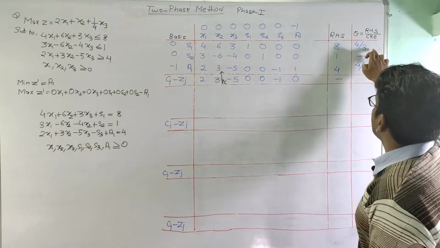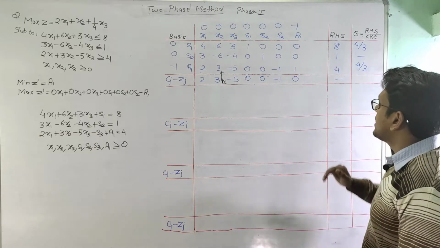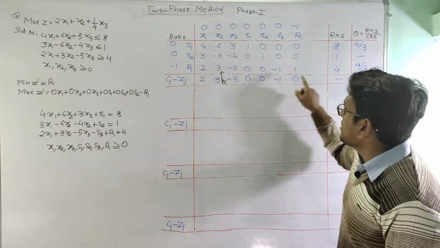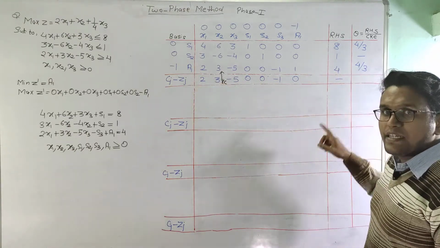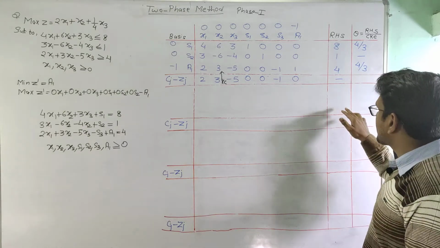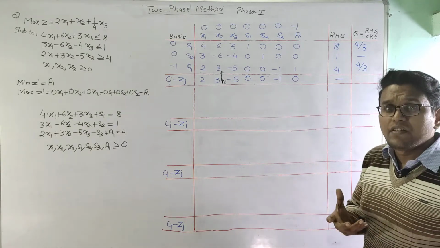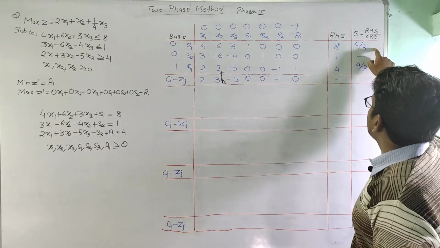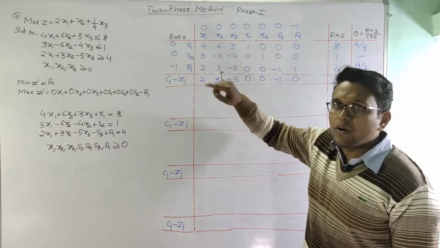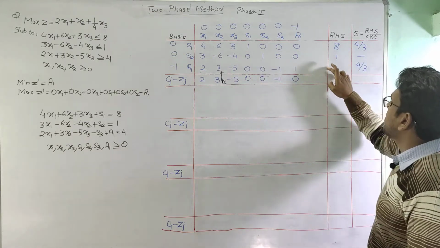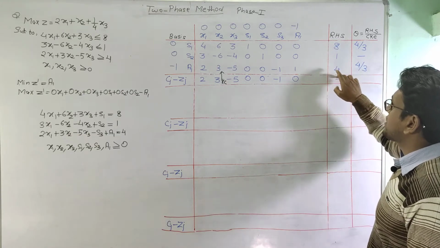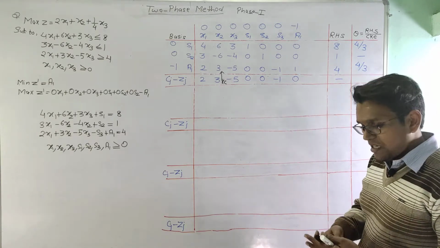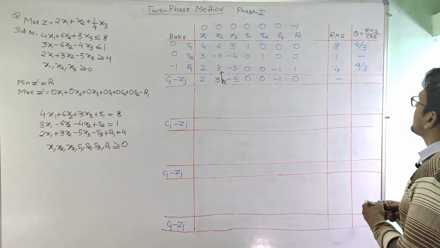If we select S1 as the leaving variable, in the coming iteration the right hand side value of variable A1 will be 0, and an artificial variable with right hand side value 0 is also a basic feasible solution. So this time we will try selecting S1 as the outgoing variable, so that the right hand side value of artificial variable A1 is 0 in the next matrix, and let us see how we can approach that.